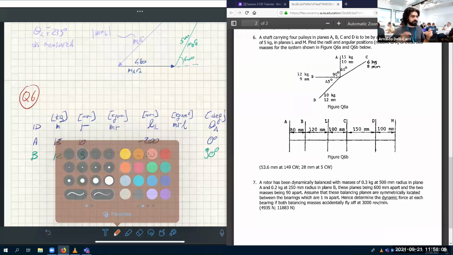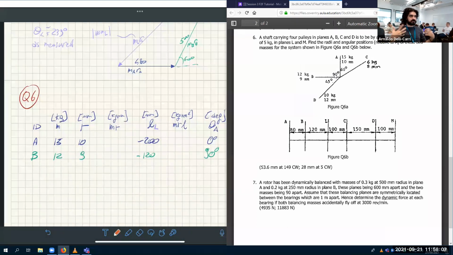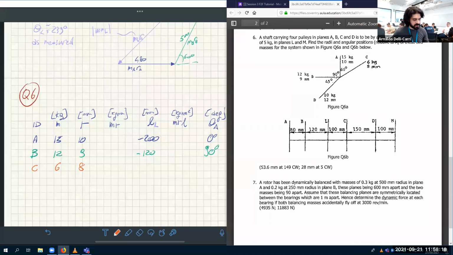Now, you tell me what's C. How many kilograms is C? 6. What's the radius of C? 8. And what's the axial distance of C? 100 millimeters from L. And what's the angle?